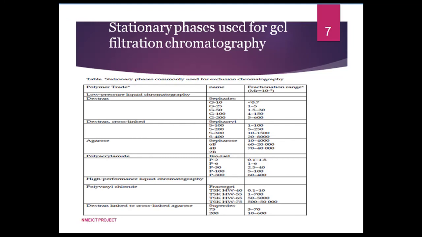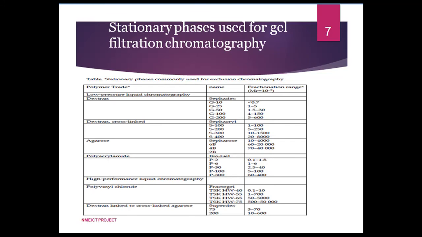Similarly, polyacrylamide is also available as a support matrix, and it is available as Biogel, such as P2, P6, P30, P100, P300, to separate different molecules based upon their molecular weight. This is about different types of matrices used in low pressure liquid chromatography.